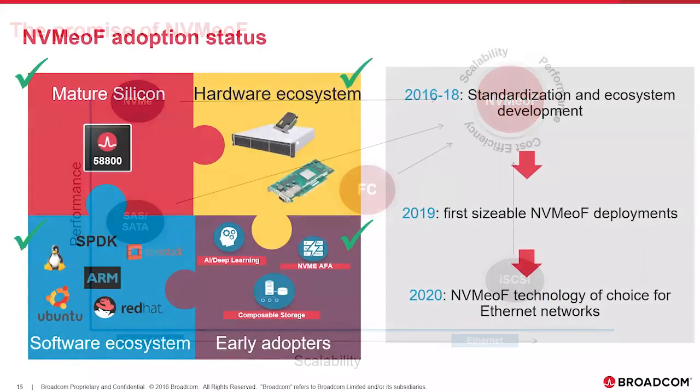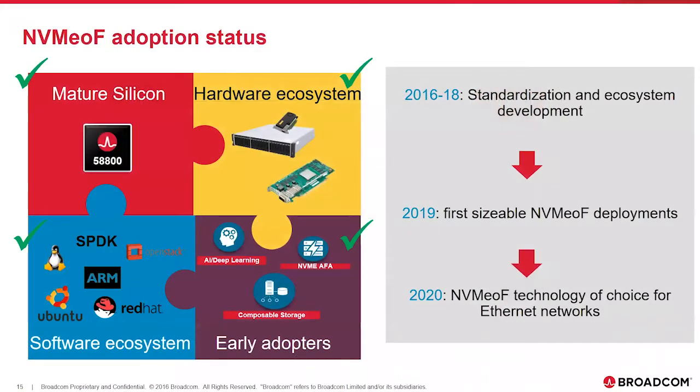Next slide. Right, so for adoption to happen, a few pieces of the puzzle have to come together, and I think we're going to be talking about adoption later today in this session.